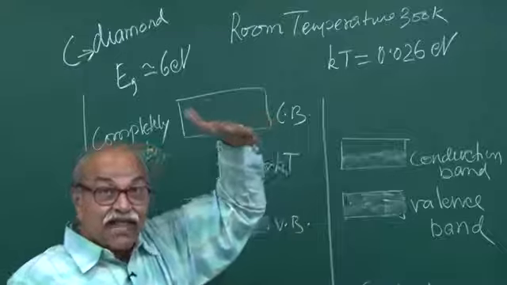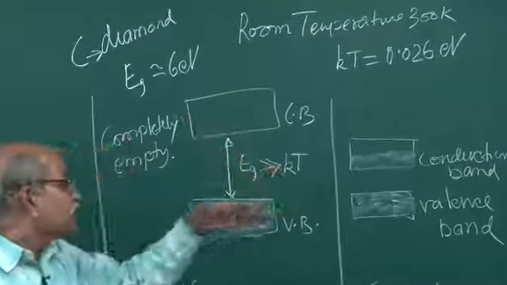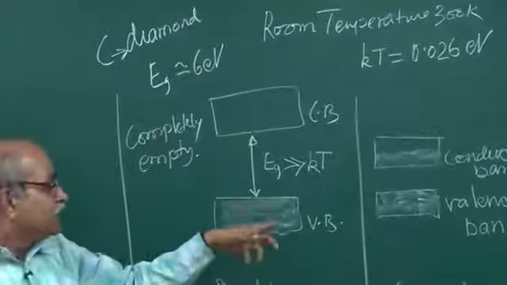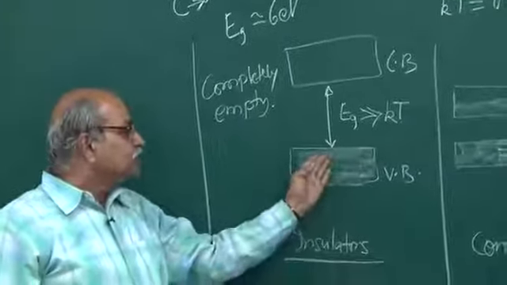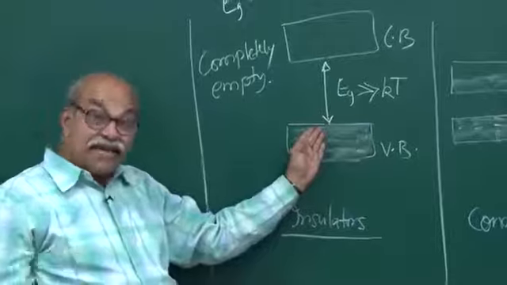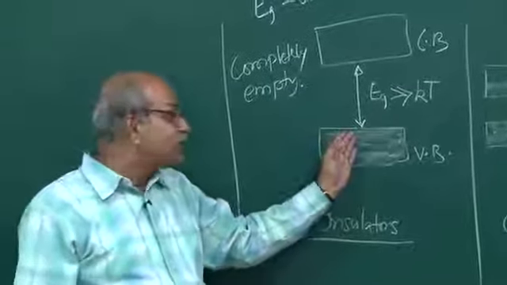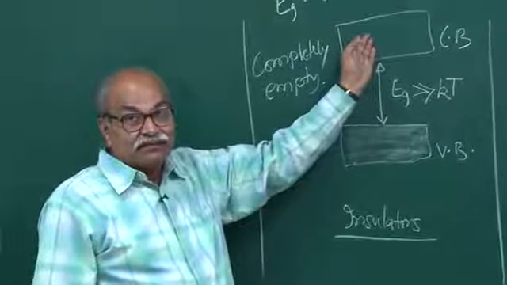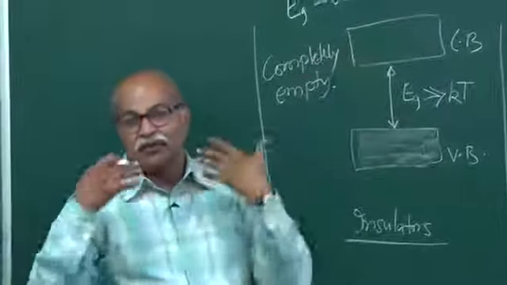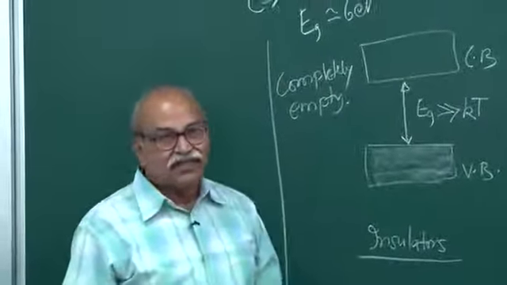It's a large gap. So, if I ask, is there a significant probability of an electron in this valence band taking up thermal energy from the lattice and moving to this? The probability is almost negligible, and therefore these electrons will stay there even at 300 K.